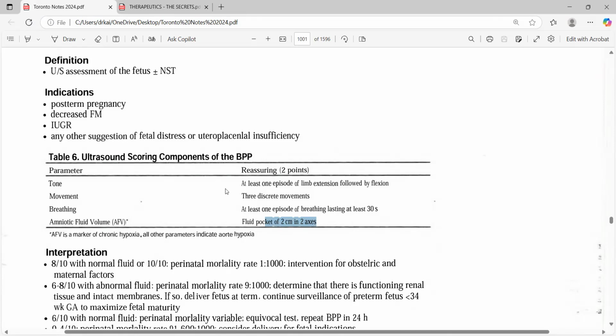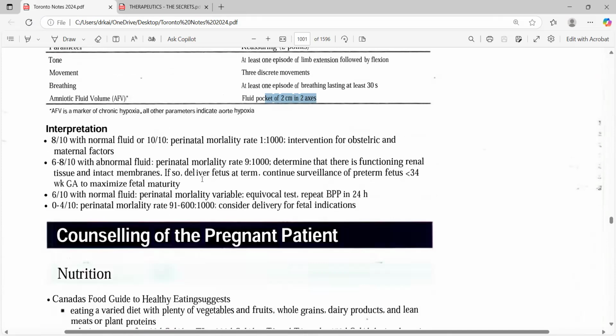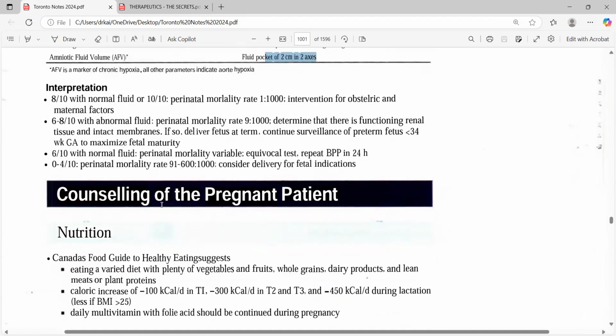So you have to memorize this one because it can be asked and they will ask you to calculate the numbers. 8 by 10 with normal fluid should be normal. Then 6 to 8 is basically stimulate and recheck. Less than 6 with the normal perinatal variability is equivocal, and then recheck again in 24 hours. And 0 to 4 is when the fetus is considered compromised, and you have to do the delivery.